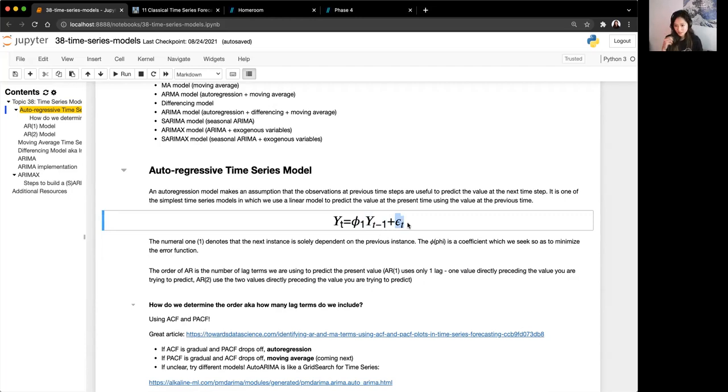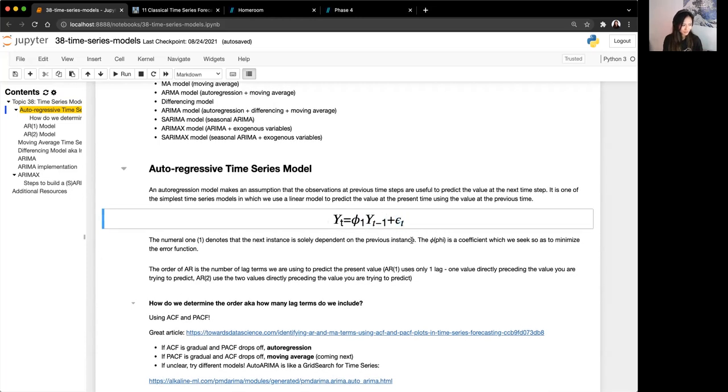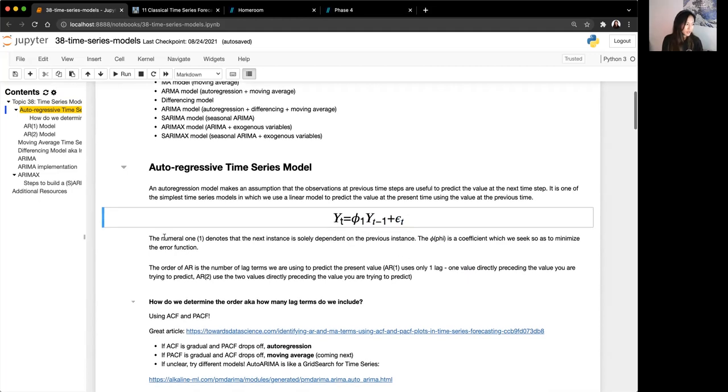An AR model uses as features prior time steps, like values at prior time steps, to build the model. So this is a representation of an AR(1) model. The numeral 1 denotes that the next instance is solely dependent on the previous instance. This phi is a coefficient which we seek so as to minimize the error function.